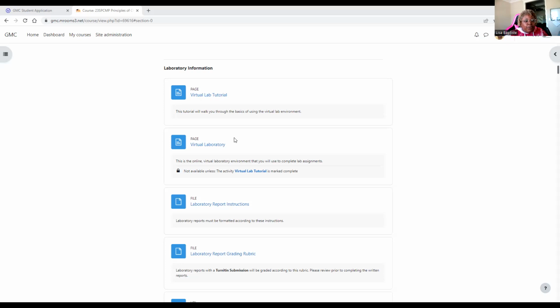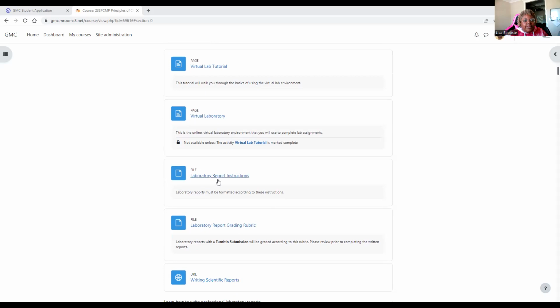the virtual laboratory for. Other things I do want to point out is the laboratory report instructions. Very important that you go through this. This helps you to understand what you need to do to type up your laboratory report. For doing the lab report, this is just a guide to show you what the instructions are.